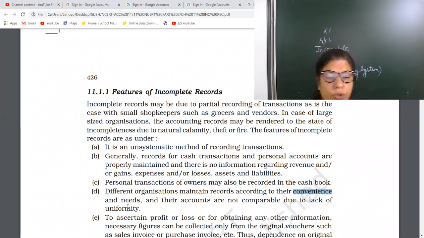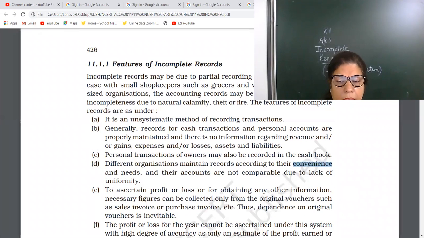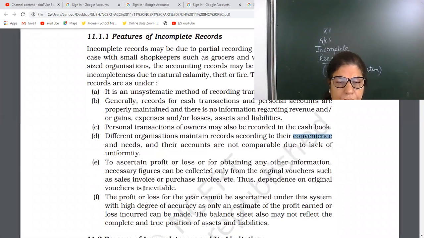That's why if there is no uniformity, there is no comparability. Then to ascertain profit or loss or for obtaining any other information, necessary figures can be collected only from the original vouchers such as sales invoice or purchase invoice. So that is the dependence there.